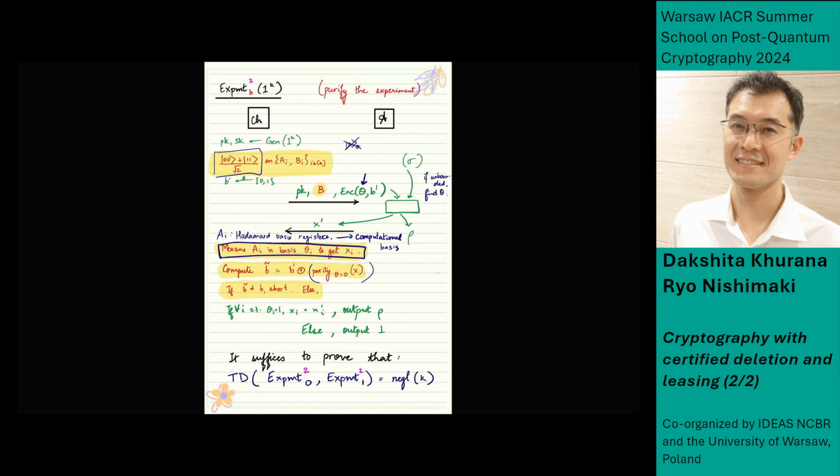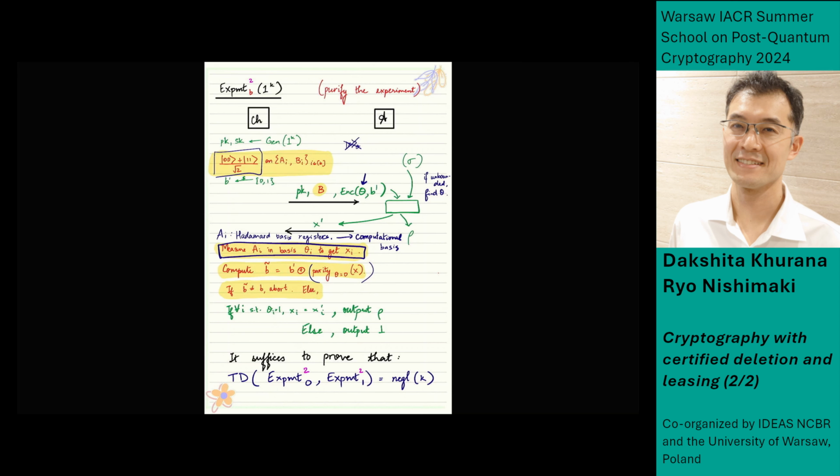It has the same length and the basis choice. We generate the EPR pair instead of the BB84 state. The left register is called register A_i, and the right register is called B_i. We send register B as the quantum ciphertext to the adversary instead of the BB84 state.